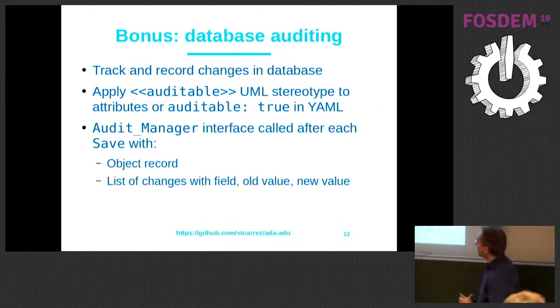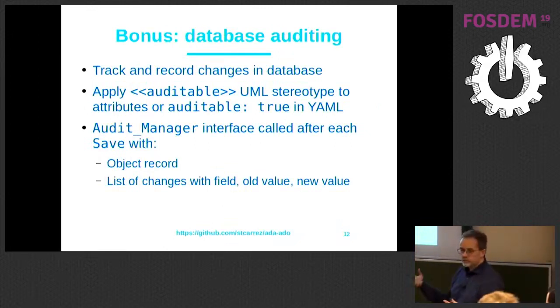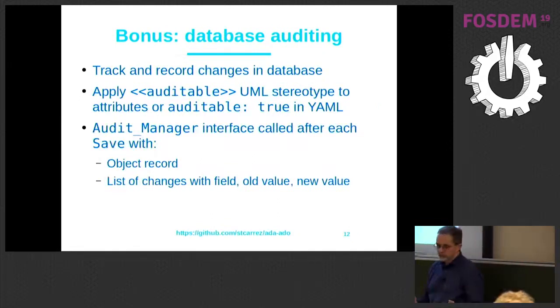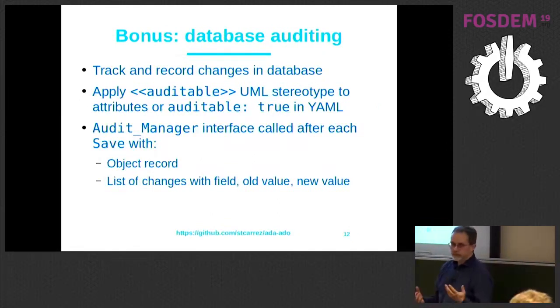The last step is we have a bonus with this framework, which is database auditing. Database auditing is the process by which you want to identify what is modified in a database. When you modify a name, when you modify fields, you want to be notified dynamically when these elements are modified.